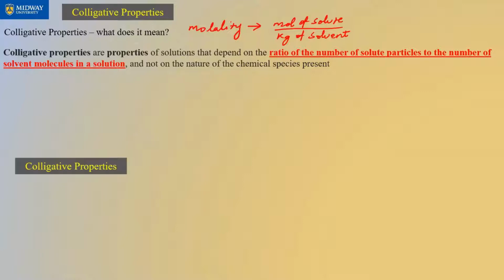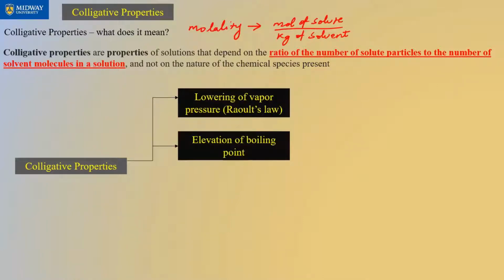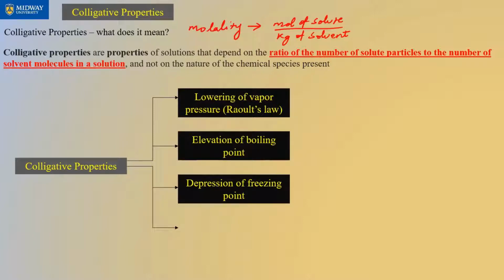So there are primarily 4 different colligative properties that we're going to learn. One is lowering of vapor pressure, which I want to express as a separate concept, even though that is actually related to all of the other 3 as well. And then elevation of boiling point, depression of freezing point, and then osmotic pressure.